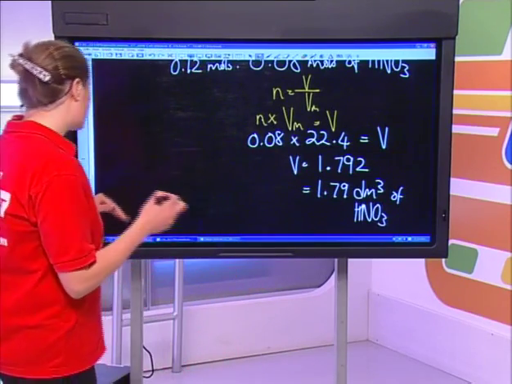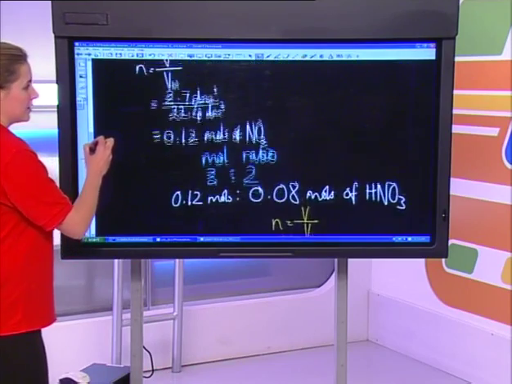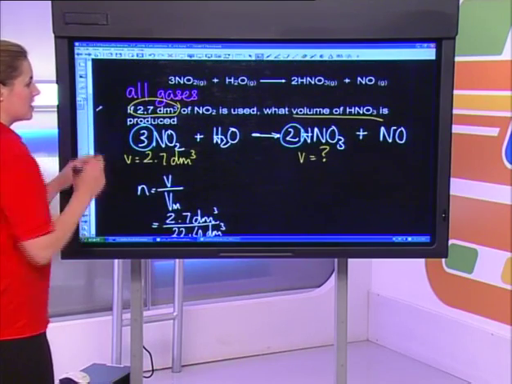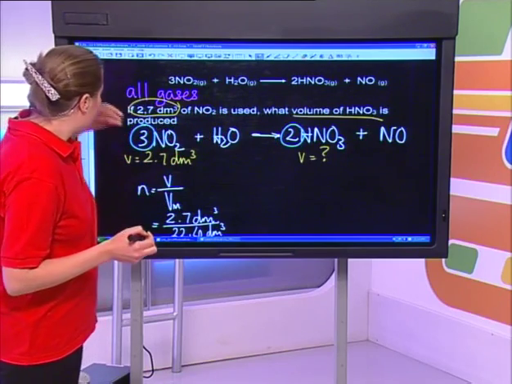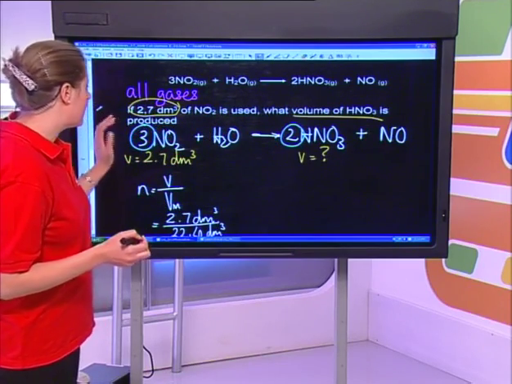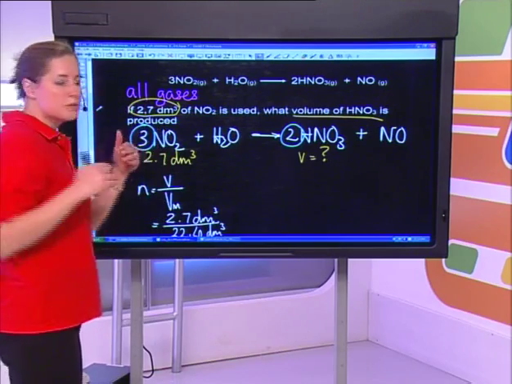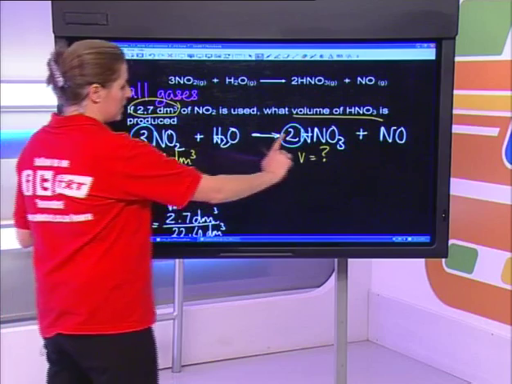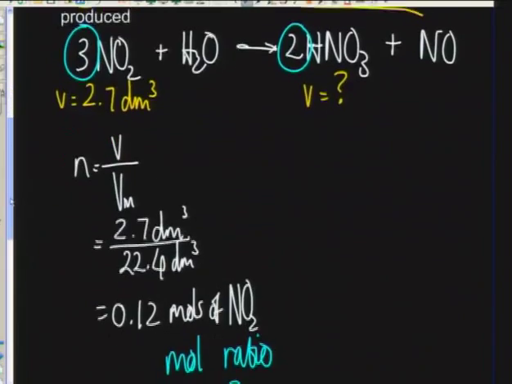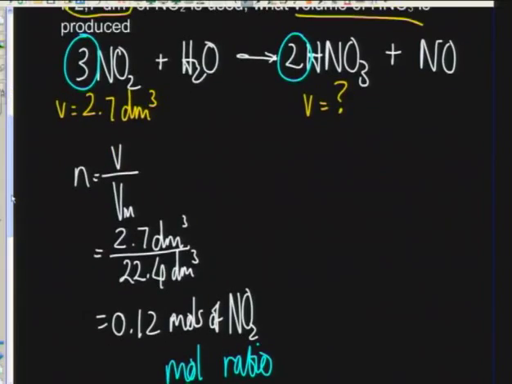Let's go back and work through exactly how we worked that out. We first observed the balanced chemical equation. Then what we did was we converted whatever information we were given to number of moles. So we had a number of moles that we could compare via the mole ratio.